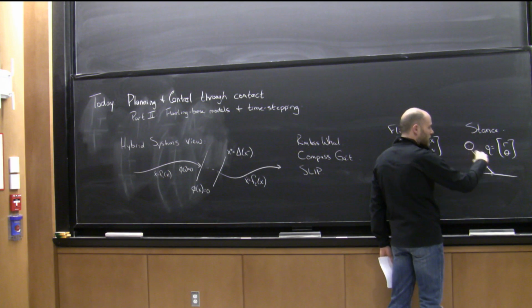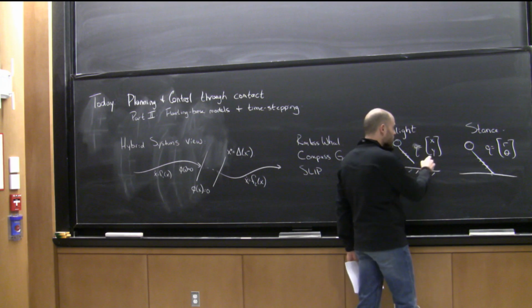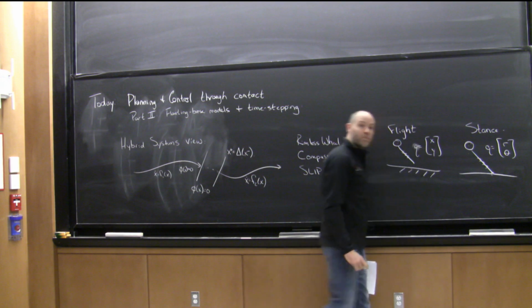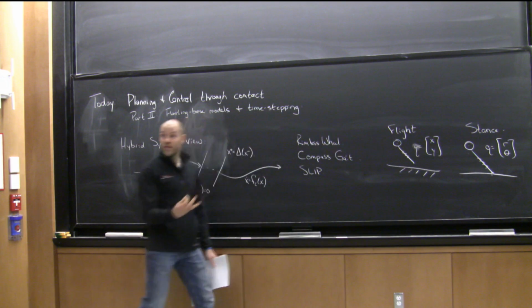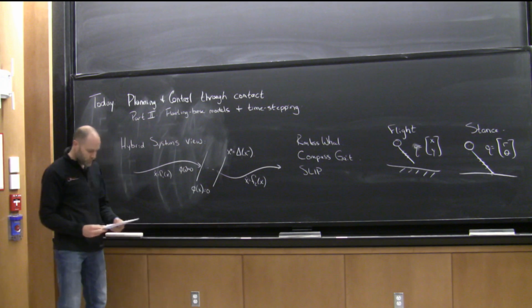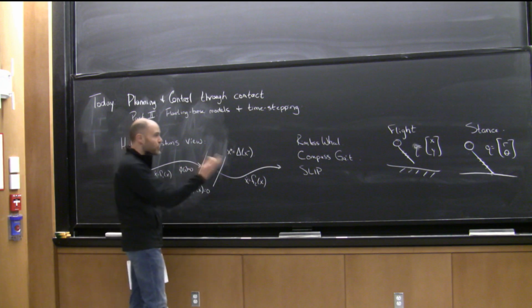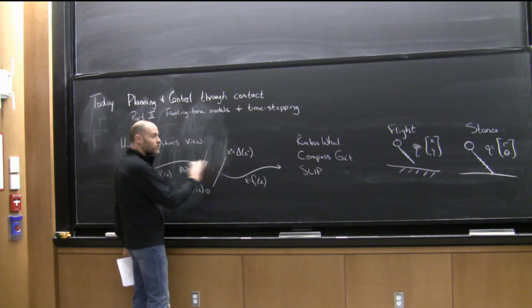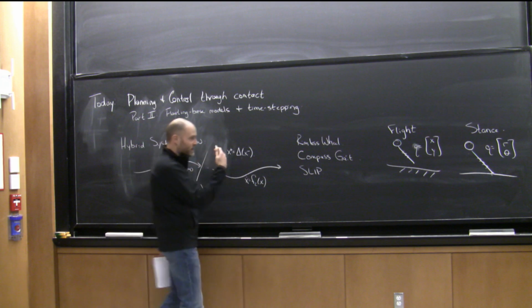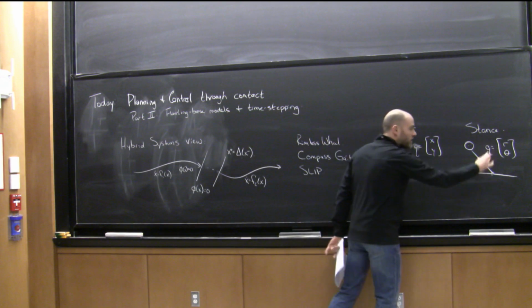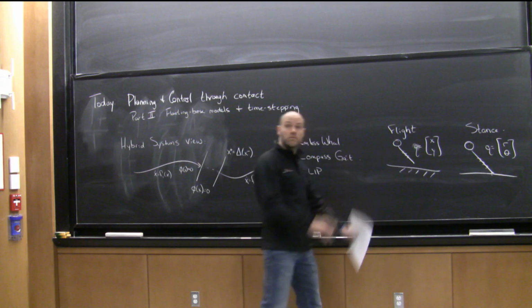We actually used a different state space representation in different modes of the system, right? And then the reset map's job was to relate those two coordinate systems, to do the kinematic transformation from x and y into r, theta so that the conditions line up.